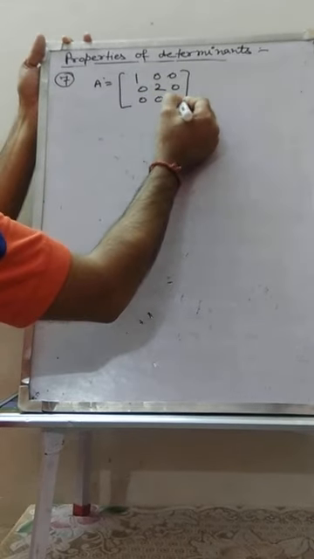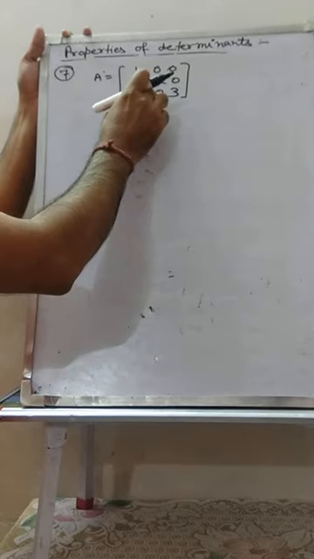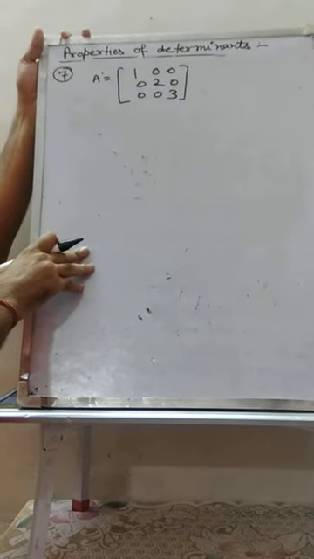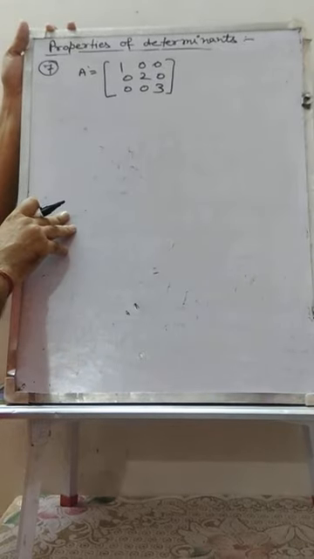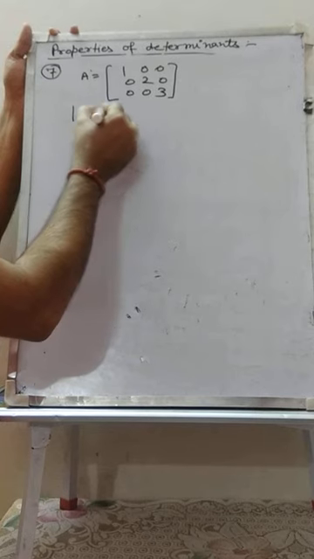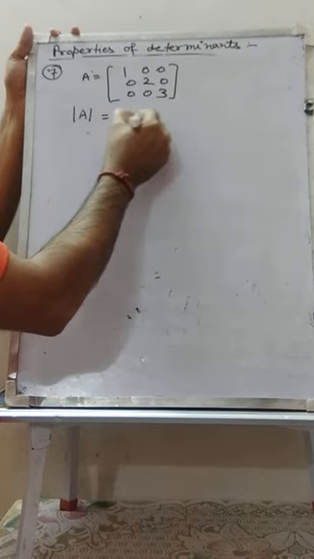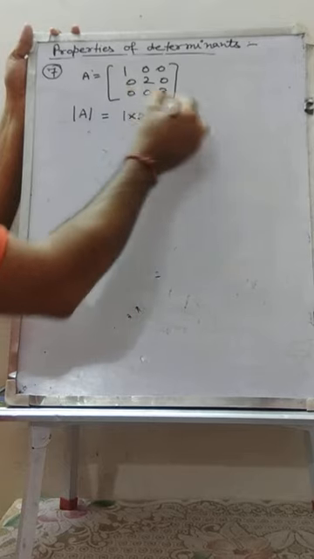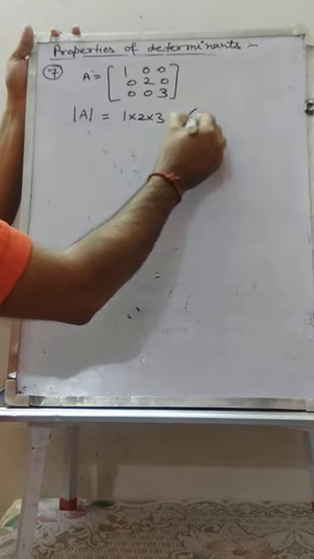You know very well what a diagonal matrix is. A diagonal matrix is that matrix in which all the elements except the principal diagonal are 0. If we find the determinant of this diagonal matrix, it comes equal to the multiplication of its principal diagonal elements. So this is equal to 6.